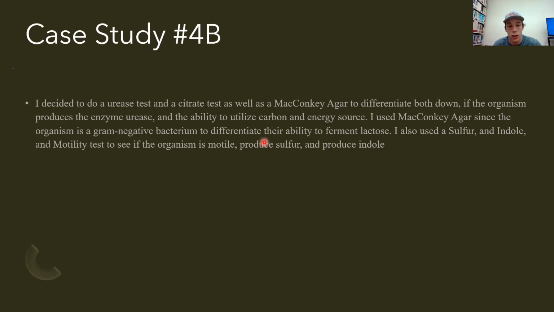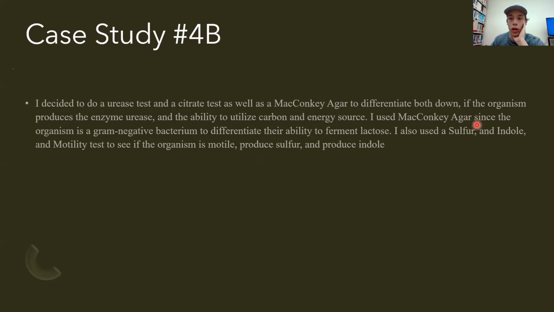After I did that, I decided to do a urease test and a citrate test, as well as MacConkey agar, to differentiate the two organisms from one another. I wanted to see if it would produce the enzyme urease and have the ability to utilize the carbon energy source.